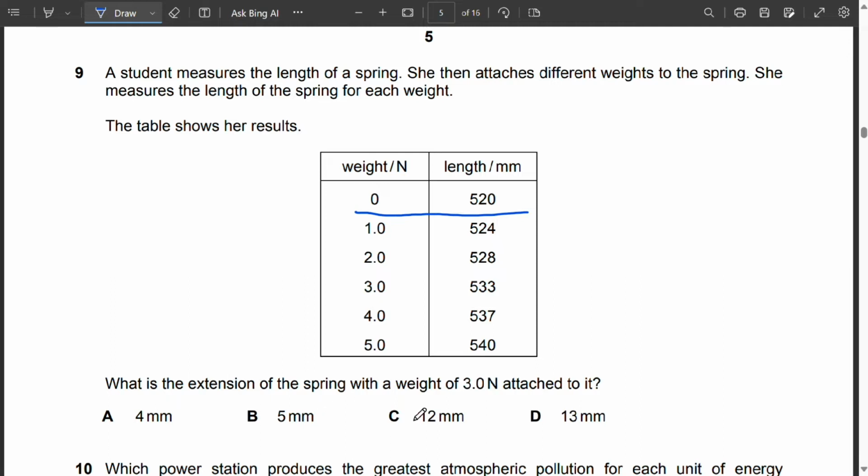What is the extension of the spring when a weight of 3 Newton is attached to it? When you attach 3 Newton, the total length is 533 millimeter. So what's the extension? Extension is the extended length minus the original length, 520. So this equals 13 millimeter. So answer D is the correct option.